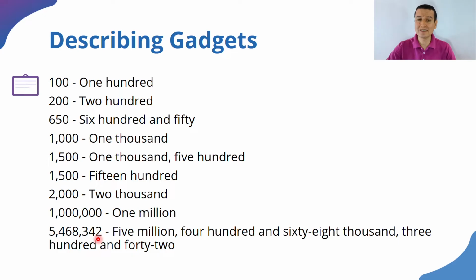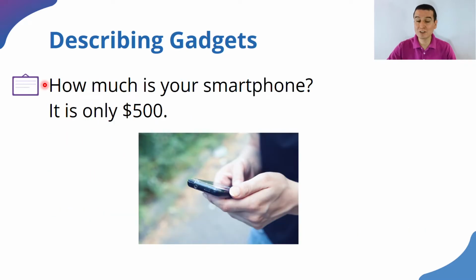Have you noticed that after 100 we usually use and, because to join one number that is lower than 100 we use the conjunction and. All right, so to answer the question about how much is your smartphone, we could say something like, it is only 500 pesos or $500, whatever the currency is. All right?